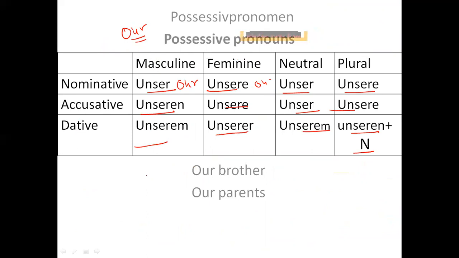For example, if I give you three sentences here. First sentence says our brother is very intelligent. This is sentence number one. Second sentence says he thanks our brother.